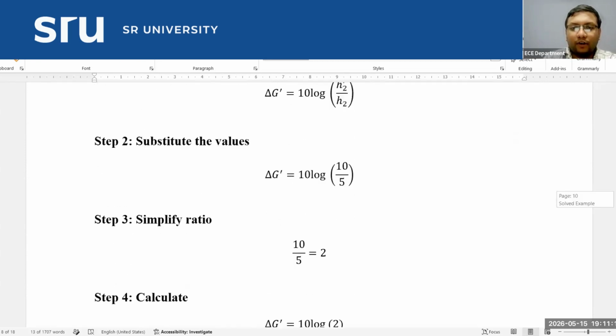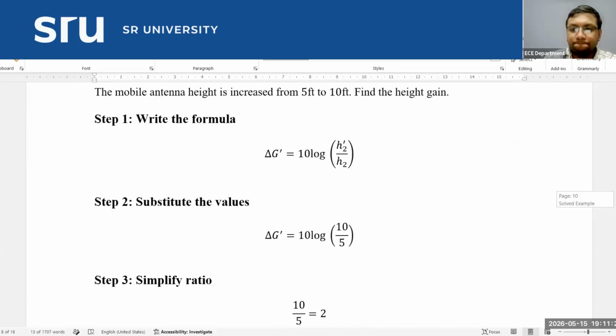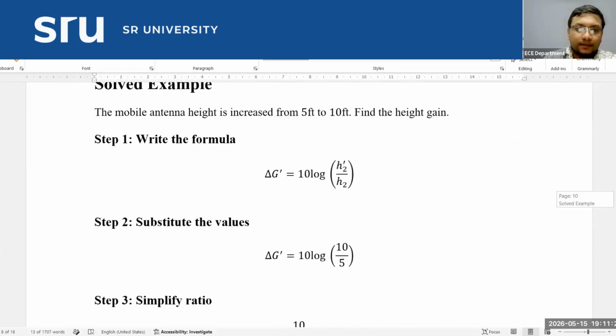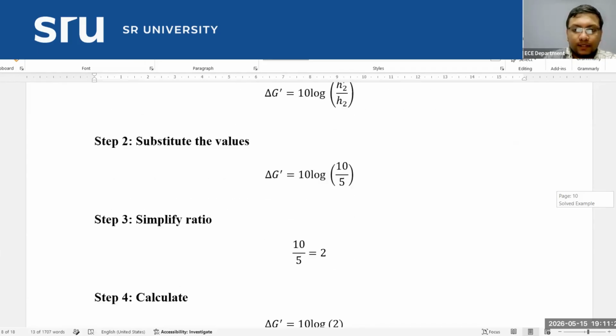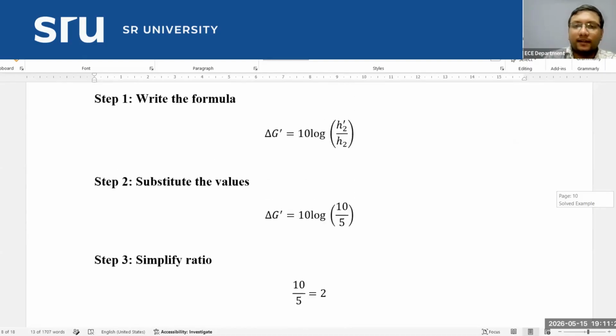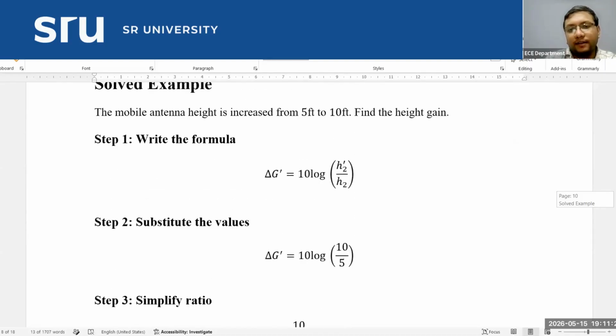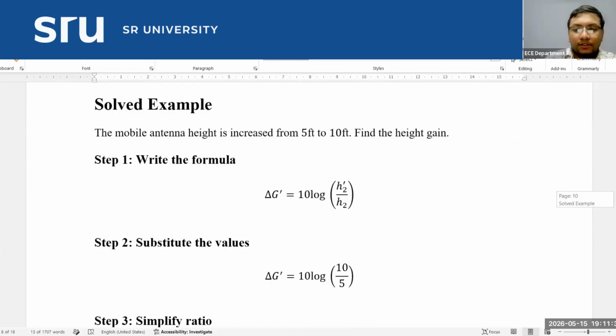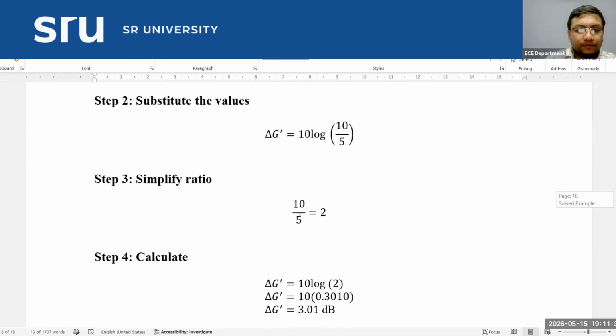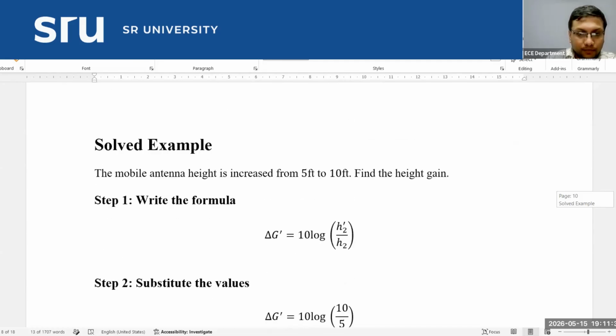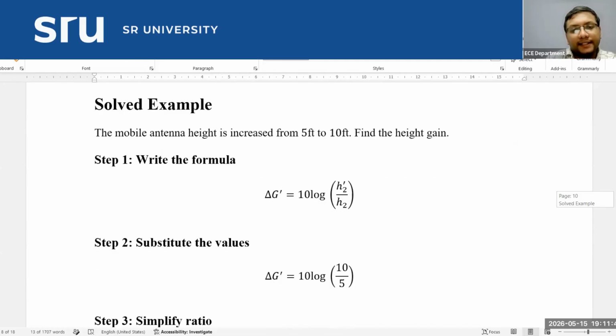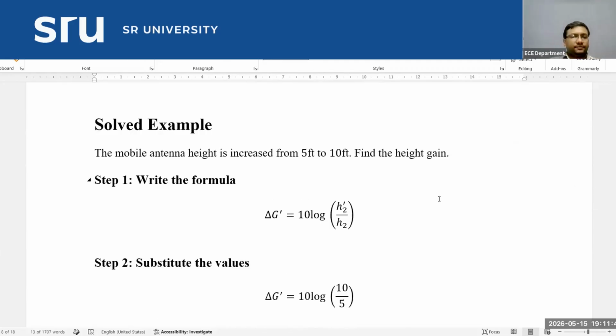So that is why we have observed that suppose we are not getting a good signal on the ground floor. If I go to the first floor or second floor, we sometimes get good signal quality. Anyways, suppose the mobile antenna height is increased from 5 feet to 10 feet.